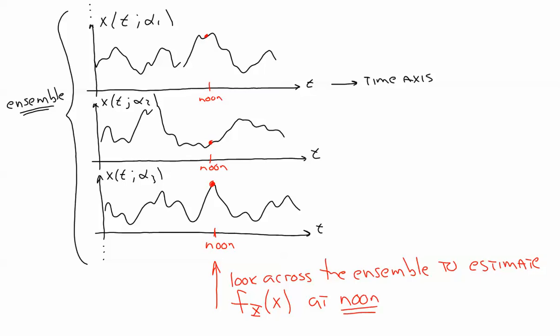So I'm going to look across the ensemble. I'm going to collect a bunch of data points over multiple days. I'll do a normalized histogram analysis at a specific instant in time. That gives me a random variable. A random variable has a non-time varying probability density function. However, the statistics clearly will change as time passes.